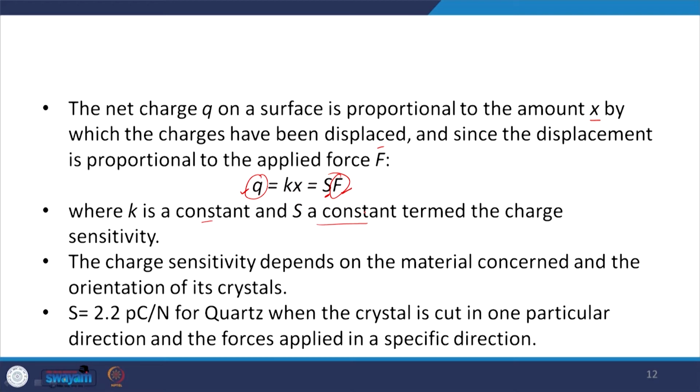This charge sensitivity depends on the material concerned and the orientation of the crystal. The value of S is usually about 2.2 picocoulomb per Newton for quartz when the crystal is cut in one particular direction and the force is applied in a specific direction.